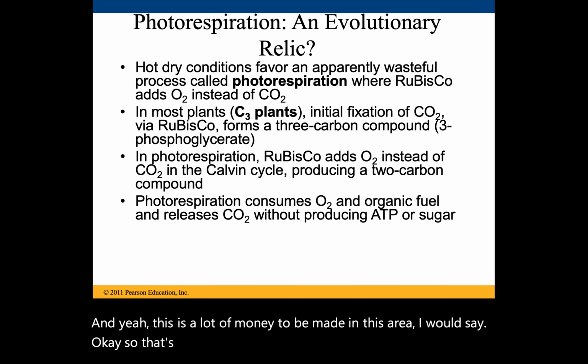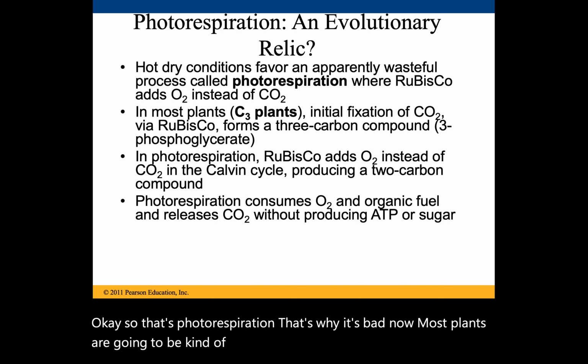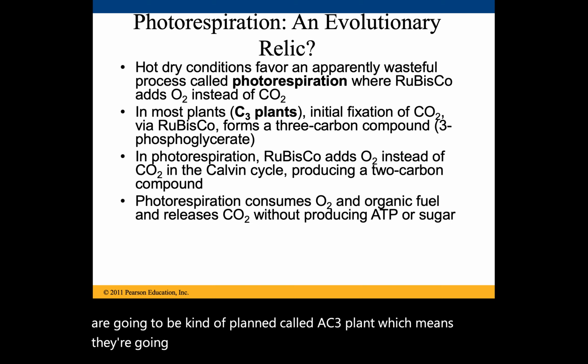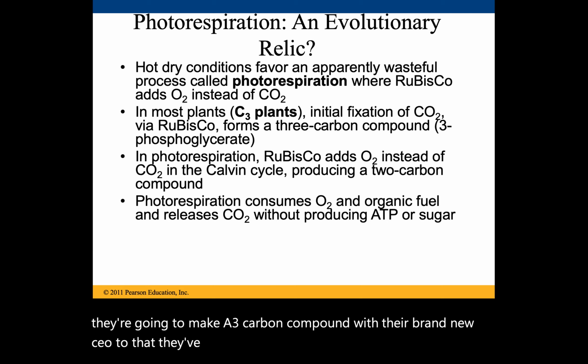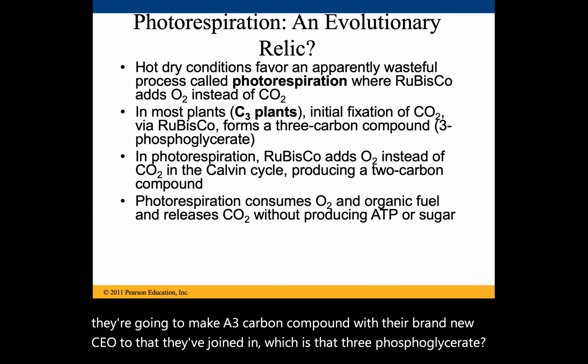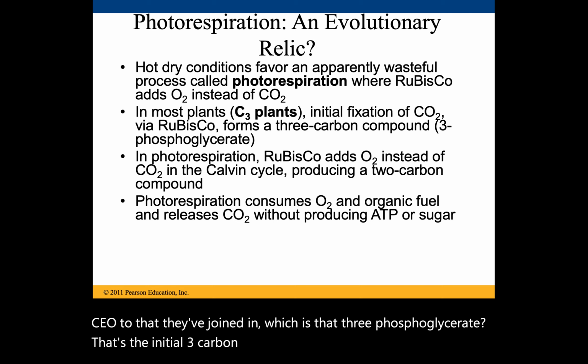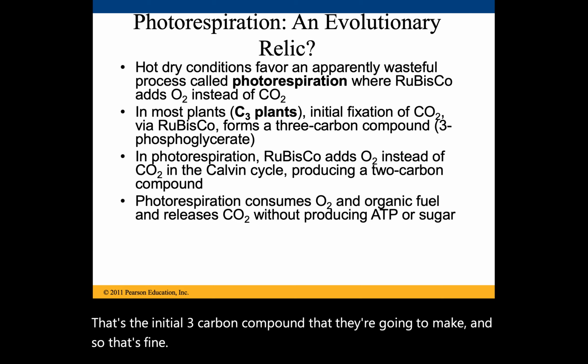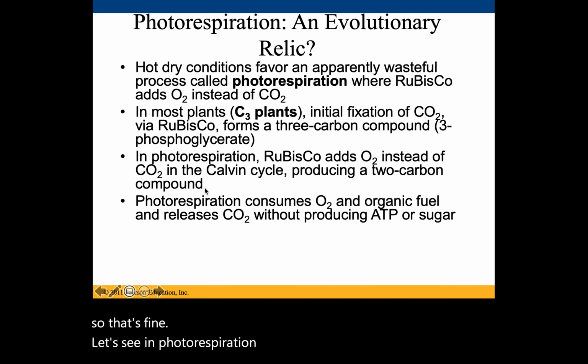That's why it's bad. Now, most plants are going to be what's called a C3 plant, which means they're going to make a 3-carbon compound with their brand new CO2 that they've joined in, which is that 3-phosphoglycerate. That's the initial 3-carbon compound that they're going to make. And so that's fine. In photorespiration, we produce a 2-carbon compound.